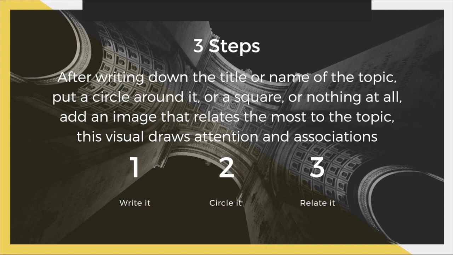And three, adding an image that relates the most to the topic. The visual draws attention and it makes associations. So it's not just adding a certain shape or pattern, but also sometimes adding images or illustrations can help you recall these things better.